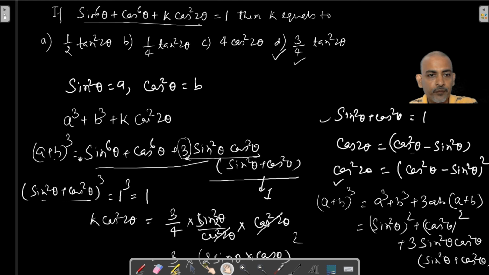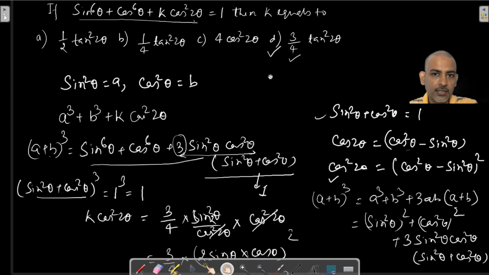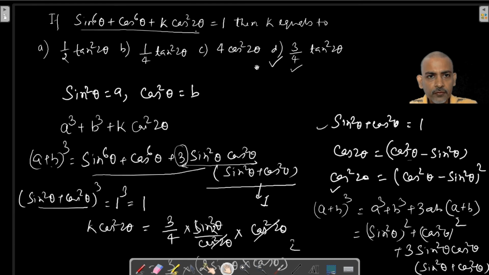And then when you put back the expression, you realize that okay, this is the one, D is the only option which is going to satisfy this equation. Alright. So sometimes you have to work with the options to arrive at the right solution, right?